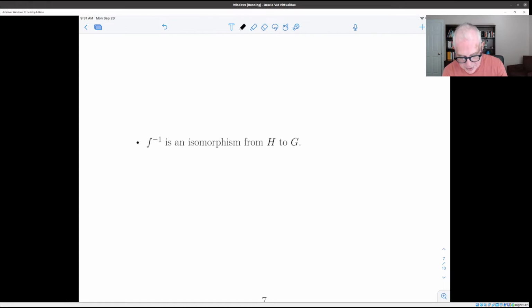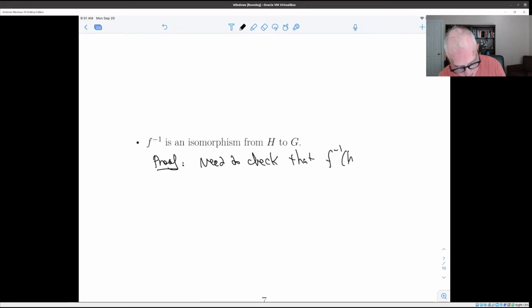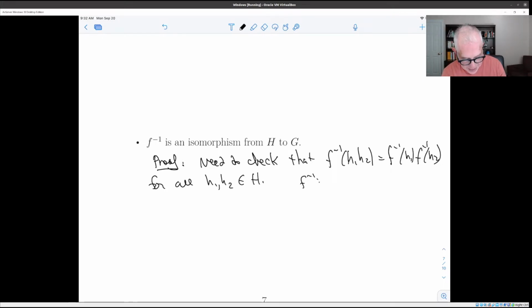In other words, the inverse map is also an isomorphism, but it goes in the other direction from H to G. So we need to check that F inverse of H1 H2 is F inverse of H1 times F inverse of H2 for all H1 and H2 in H. Because remember, F inverse is a map from H to G.